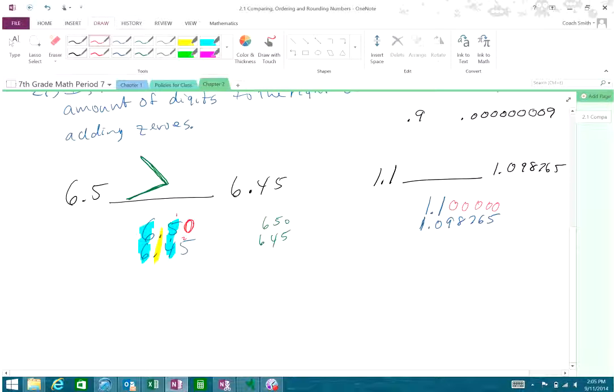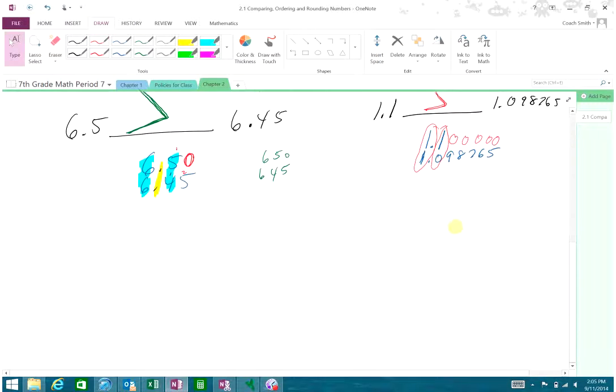And if we look at the first digit, it's the same. If you look at the second digit, the 1 is bigger than the 0, so therefore we have the greater than sign again.